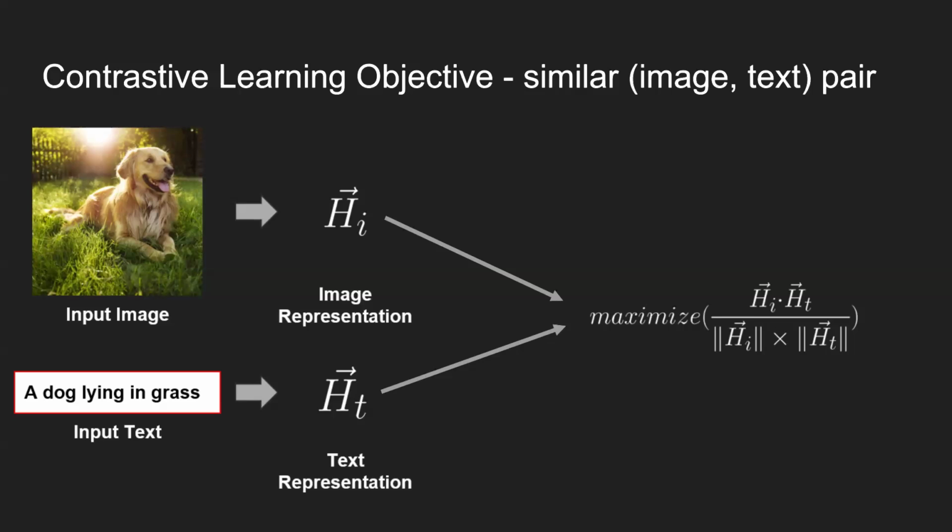So we maximize the similarity of image and text embeddings if they are a correct pair, but if they are an incorrect pair, then we want to minimize the similarity between these representations, so they will be mapped in the same space. So that was binding of image and text.